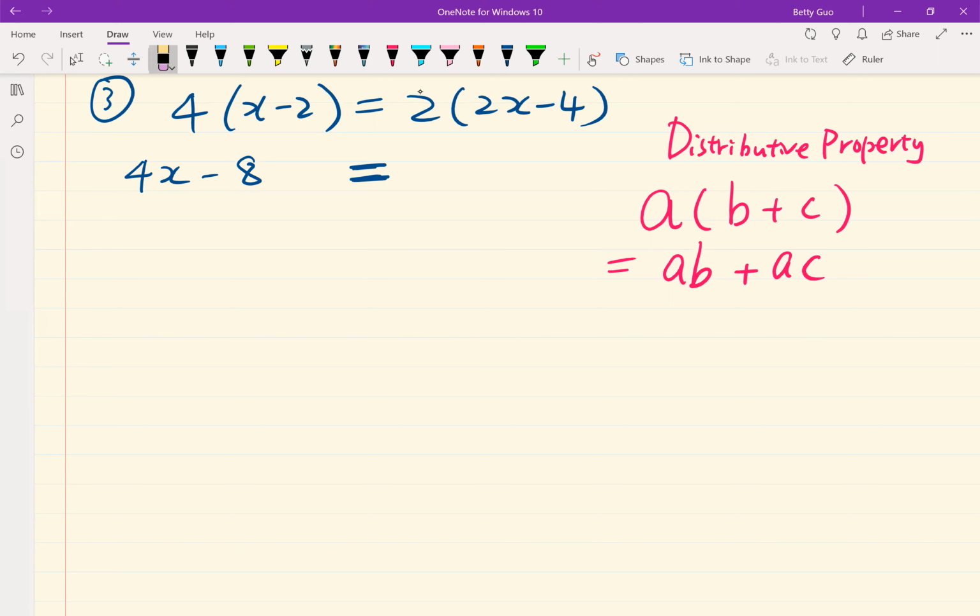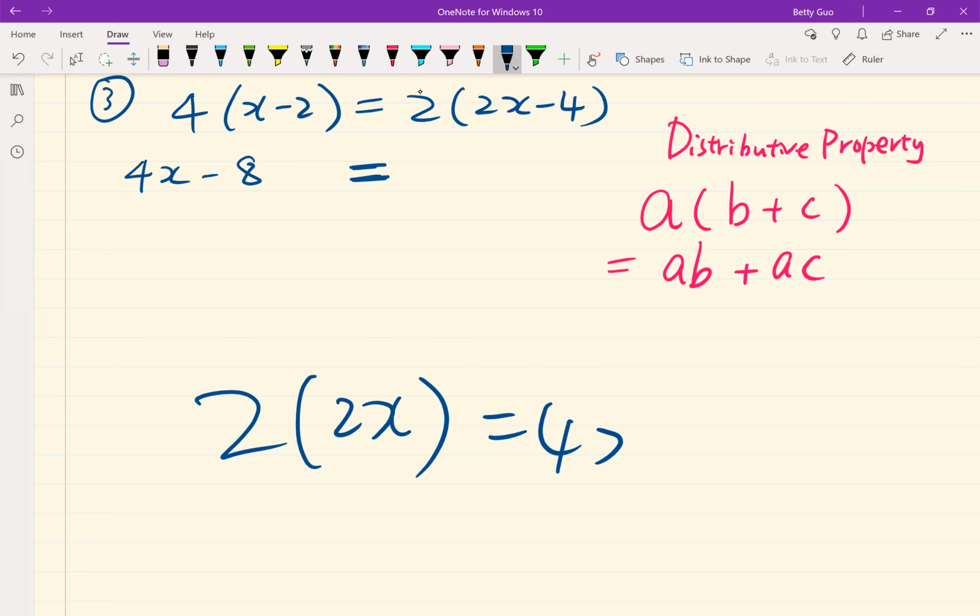On the right-hand side, we apply the distributive property as well to get rid of the parentheses. The coefficient of the parentheses is 2. So 2 times 2x gives us 4x, plus 2 times -4. -4 is the second term in the parentheses, so be careful with the sign.